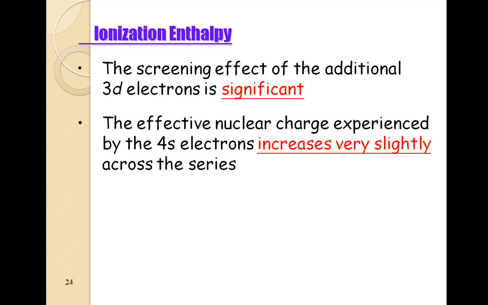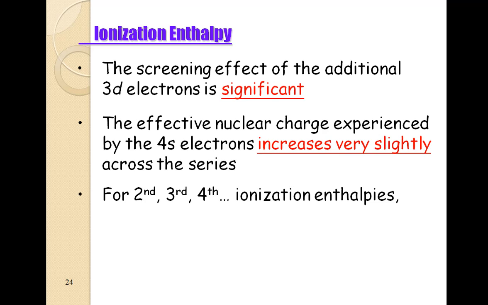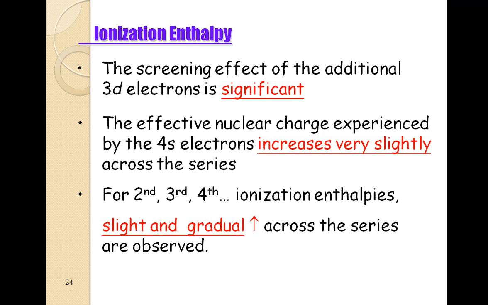The effective nuclear charge experienced by 4s electrons increases very slightly across the series, whereas for the second, third and fourth ionization enthalpies, a slight and gradual increase across the series is observed.